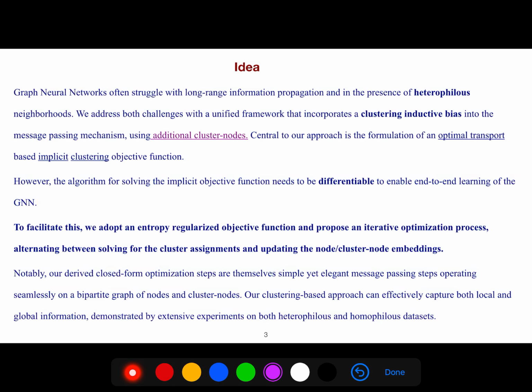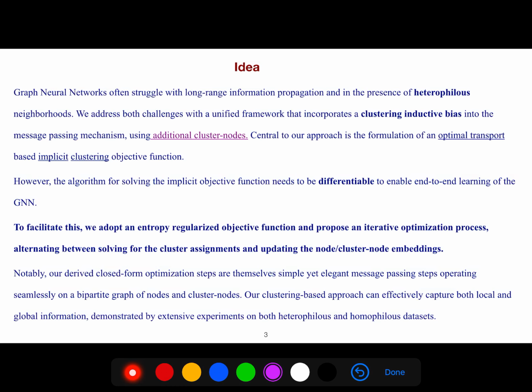To facilitate this, we adopt an entropy regularized objective function and propose an iterative optimization process alternating between solving for the cluster assignment and updating the node or cluster node embeddings.